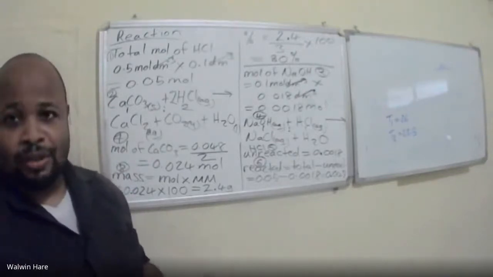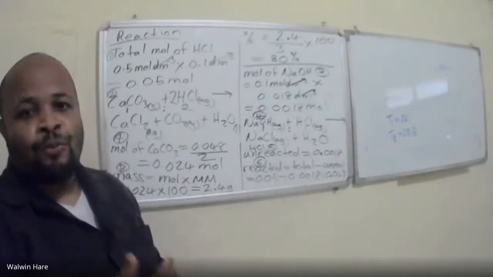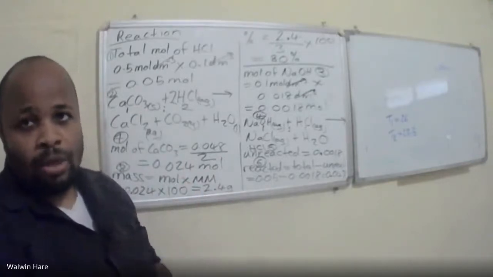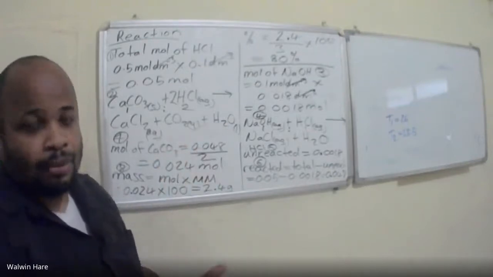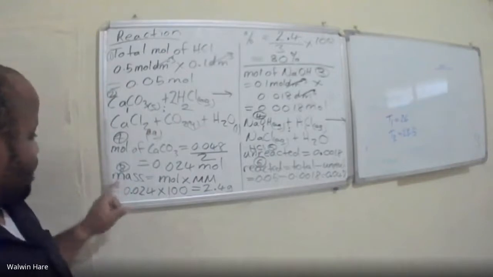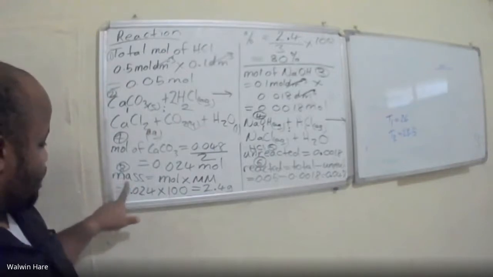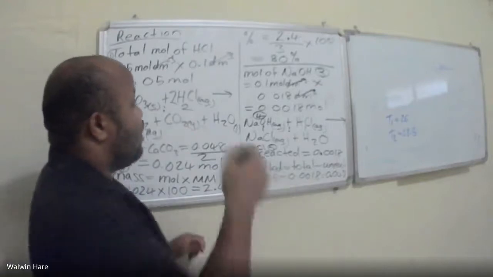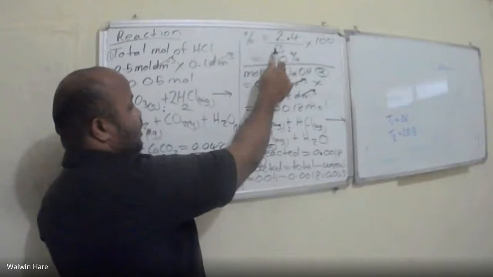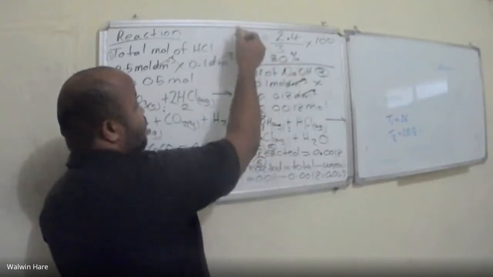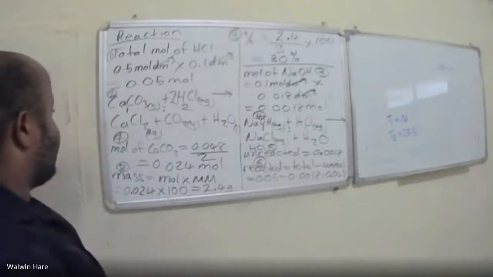And in the question, where you got the 3-gram sample, they would have given you a volume. So let's say 20 cm³ of the sample. All right? But in this case, we're finding the percentage. So you calculate the mass, and then finally, you put the mass of the compound over the mass of this sample times 100.